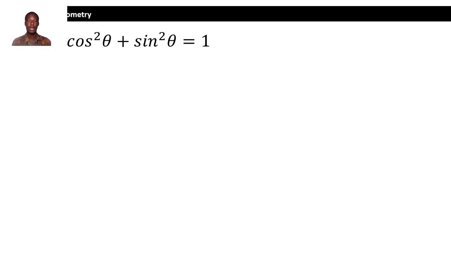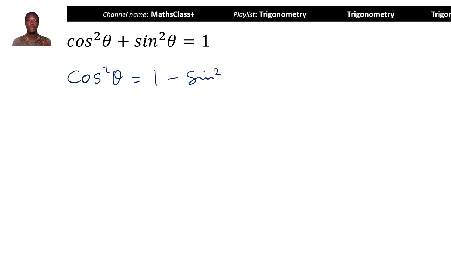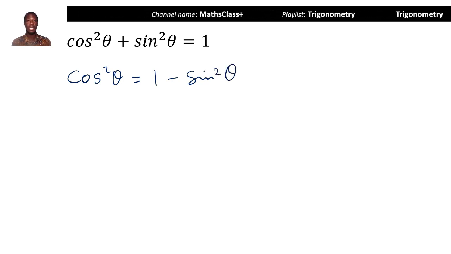Now, from the Pythagorean identity, we also try to see if the same identity can come in different forms. This same identity, as you see here, can come as cos squared theta is equal to 1 minus sine squared theta. So it's just a rearrangement, or making one the subject. In case you have the expression 1 minus sine squared theta, you may substitute cos squared theta for it.